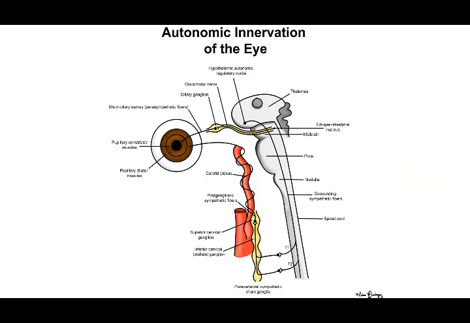Now, autonomic innervation of the eye. This is the sympathetic system via the carotid plexus. It comes to the pupillary dilator muscle, and via the spinal cord and the Edinger-Westphal nucleus, via the ciliary ganglion, it comes to the constrictor muscle.